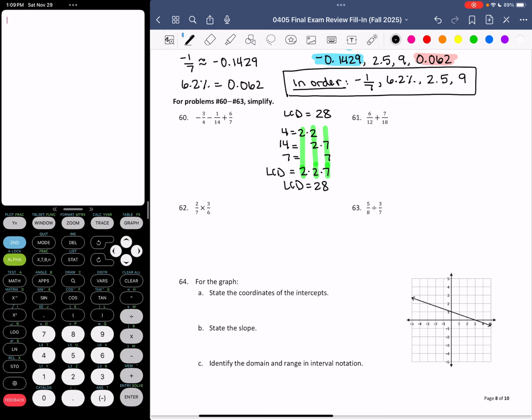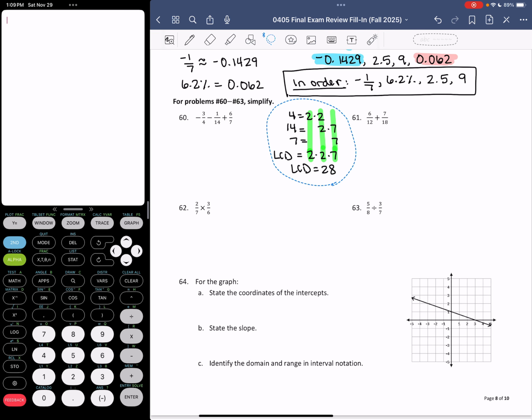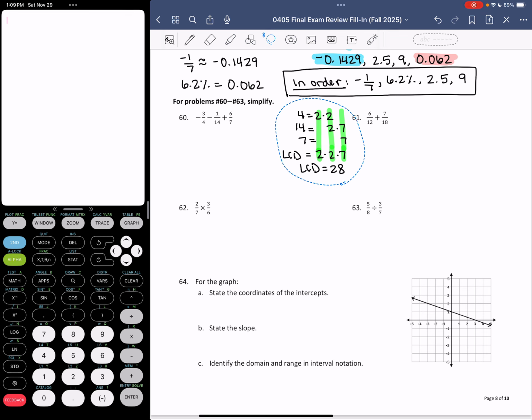Actually, let me do this. Can I erase this and move this up? Right there. Okay. So I need to rewrite all of these fractions with that same denominator. So I need to multiply 3 over 4 by 7 over 7.